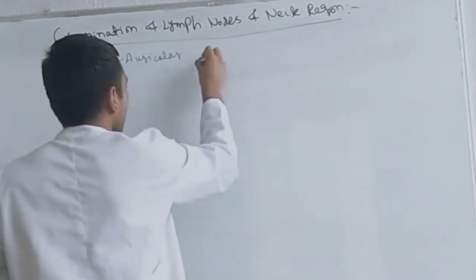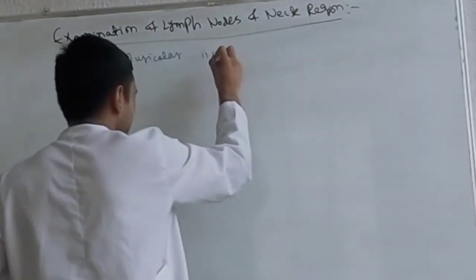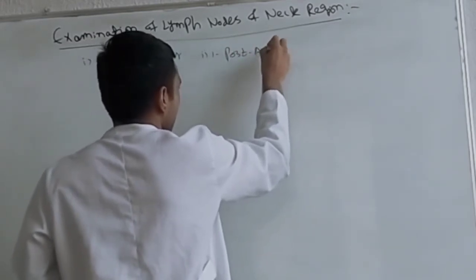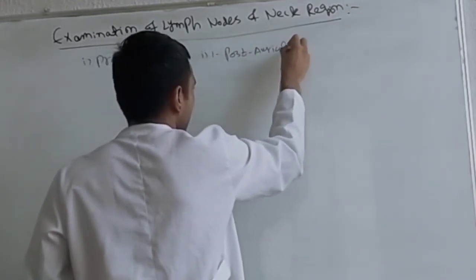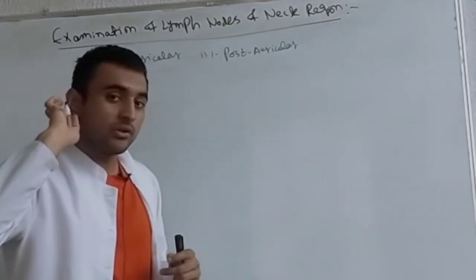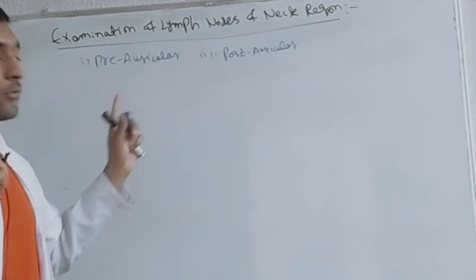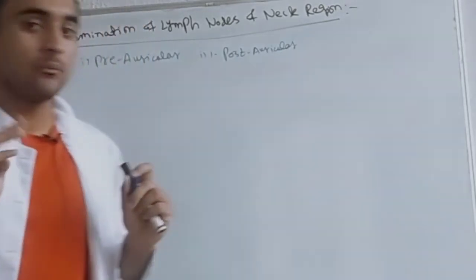After this, we have the post-auricular lymph node, which is present posterior to the ear. So these are the two lymph nodes present anterior and posterior to the ear.